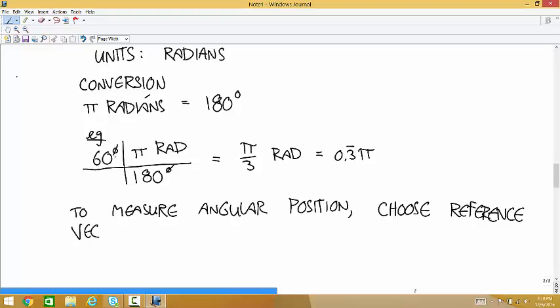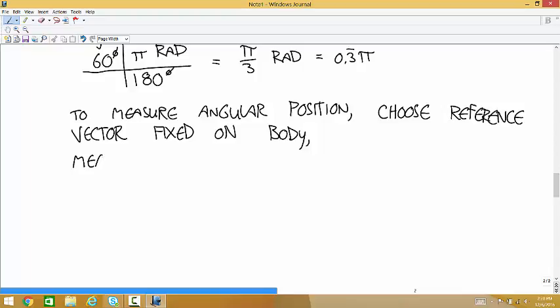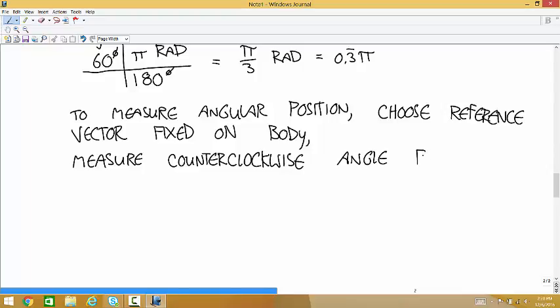So choose a reference vector fixed on the body, and then measure the counterclockwise angle from the reference position to the current position.